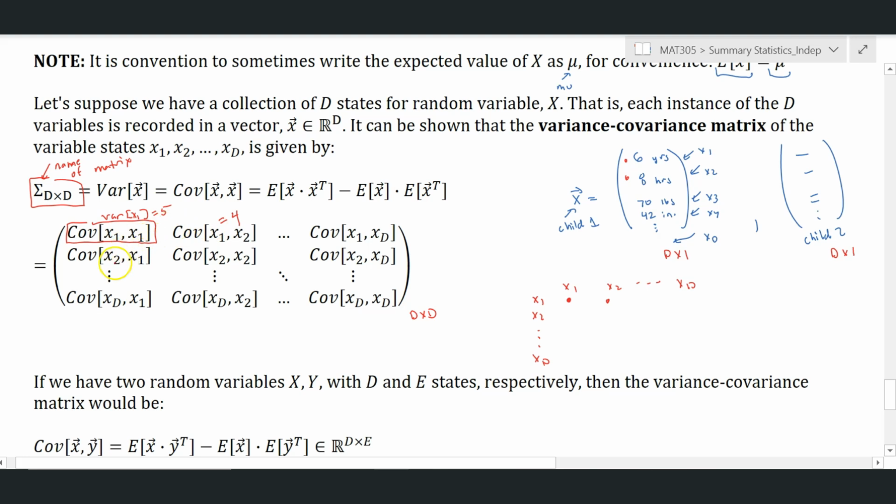Now when you go down, now it's x2 comma x1, so it's always row and column variable, and notice that these are actually the same. Covariance between x1 and x2 is going to be the same thing as the covariance between x2 and x1.